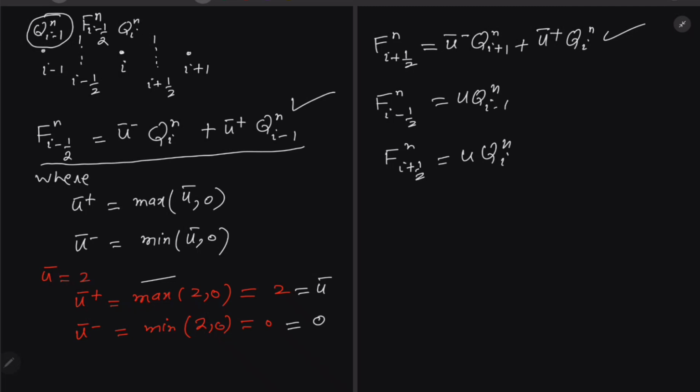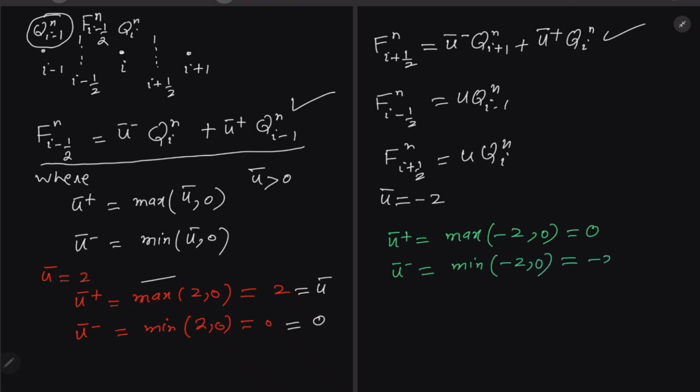Okay, so this was all about when we had u bar greater than 0. Suppose we have u bar equal to minus 2. It means that the information is from right to left. Then we have u plus as the max of minus 2 and 0, which is 0. Then u minus is the minimum of minus 2 and 0, which is minus 2, equal to u bar.